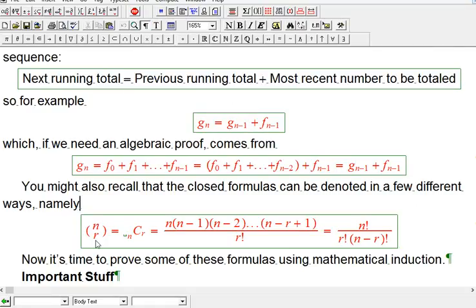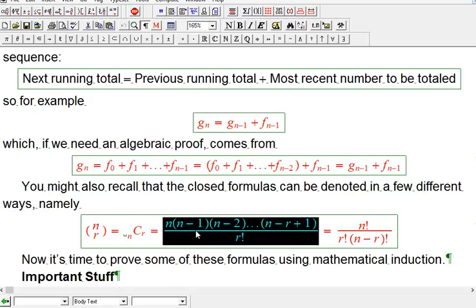Okay, a few context things for notation. This is a way to notate the entry in the nth row and the rth column. It's pronounced n choose r. This is also pronounced n choose r. I know it looks a little weird in my program here. This is an explicit formula for it.